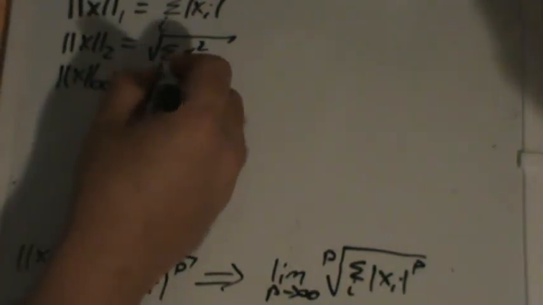This is kind of your standard Euclidean distance. And now we have another one, which is the infinity norm, and that one is equal to the largest over all the i of the absolute values of x sub i. This is kind of the biggest distance you have to walk.